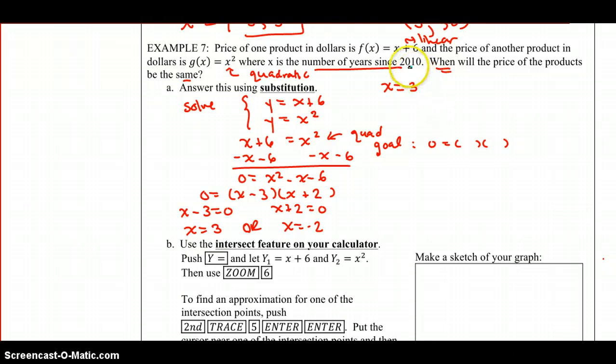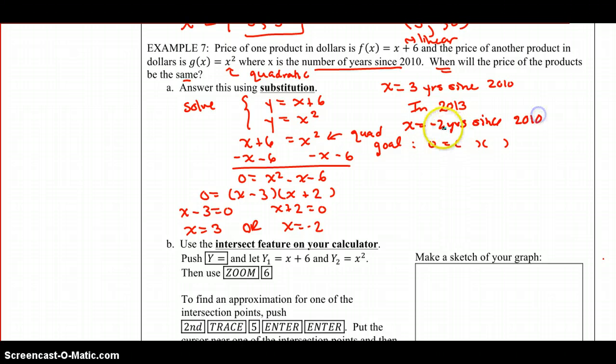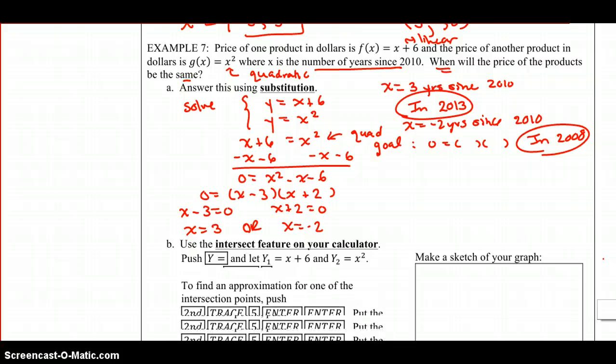X is the number of years since 2010. So 3 years since 2010 would be in the year 2013. And then we had x was negative 2 years since 2010, so this would be 2 years before 2010. That would be in the year 2008. So we've got two different points in time where our prices would be the same.